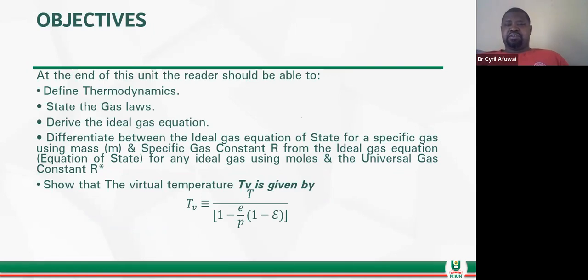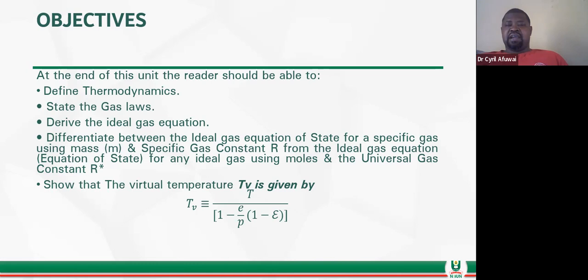Now, the objectives of this Unit 3 of Module 2: at the end of this unit, you should be able to, one, define thermodynamics. Two, state the gas laws. Three, derive the ideal gas equation.